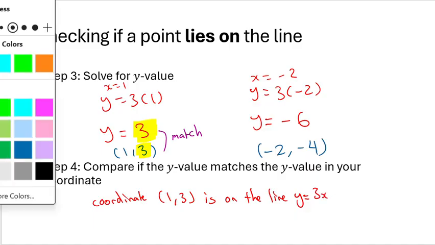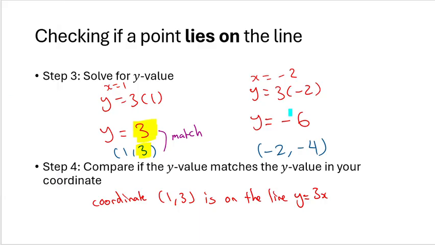Now, let's just check our second coordinate point. I've got here y equals -6, but my coordinate was -4. So that means these do not match, which means that the coordinate -2, -4 does not sit on the line, okay?